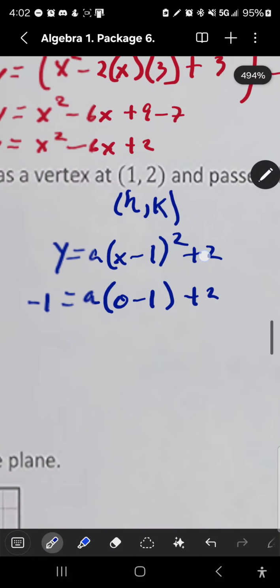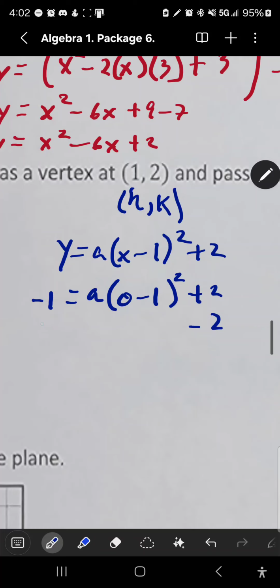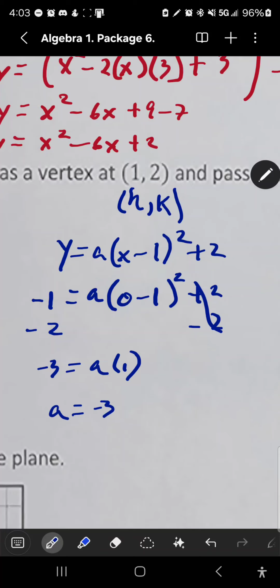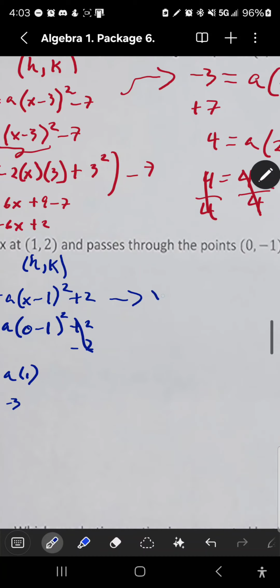So you substitute the values, then I'm going to subtract the constant from both sides, and I have negative 1 minus 1 is just negative 2, equal to a, and negative 1 squared is just 1, so a equals negative 2. I substitute the value, and I have y equals negative 2(x minus 1) squared plus 1.